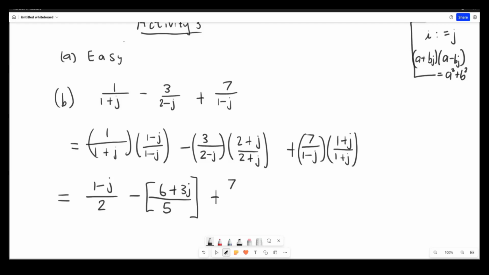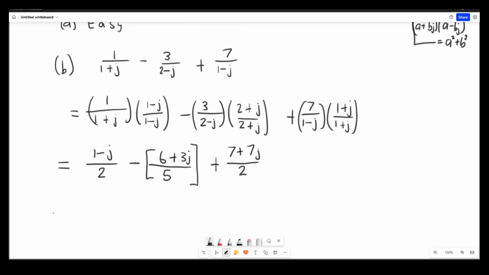Now I've got 7 plus 7j. And now I've got 1 squared plus 1 squared, which is 2 again. So this is what I end up with.